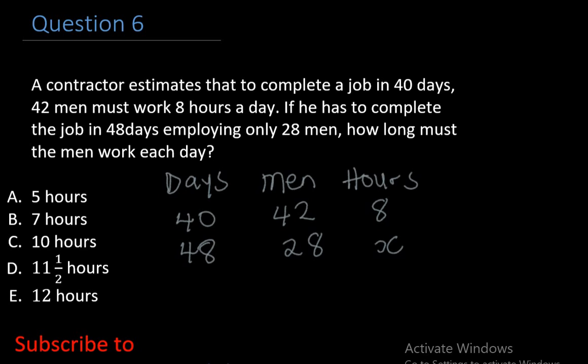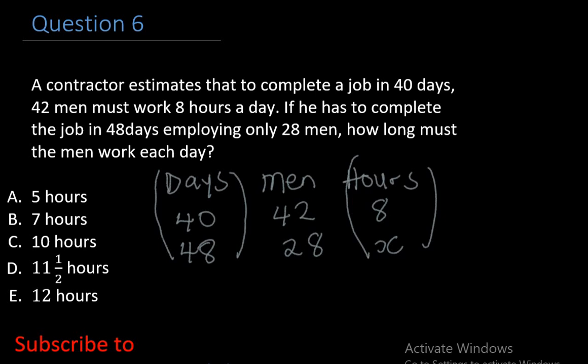If you want to solve compound proportion, compare known columns with the unknown. So I'm going to compare the days and the hours first. Take note of that. A 40 days job takes 8 hours to complete. For a 48 days job, the question is, will it take more hours or less hours? It will take less hours because the days are more now.